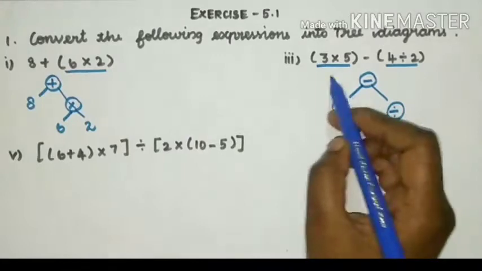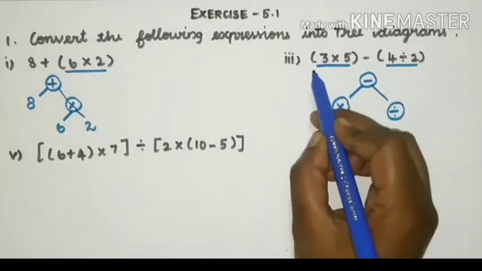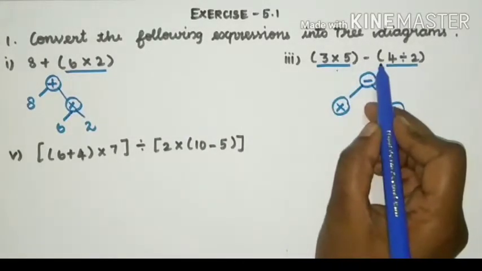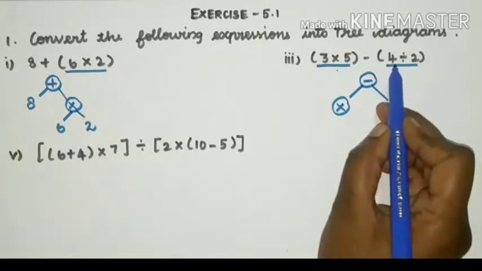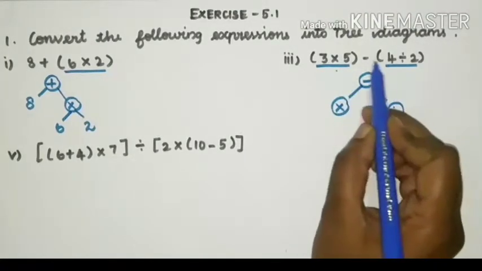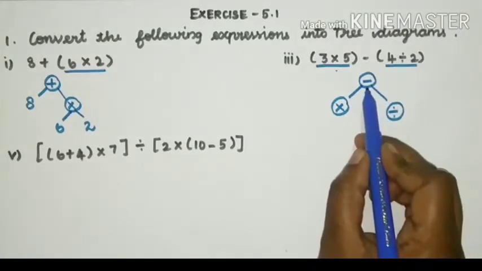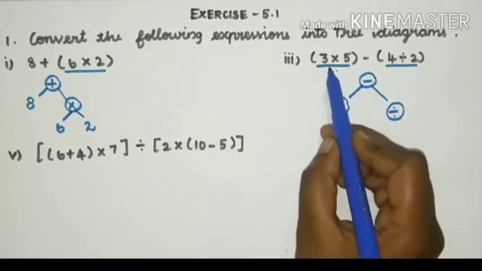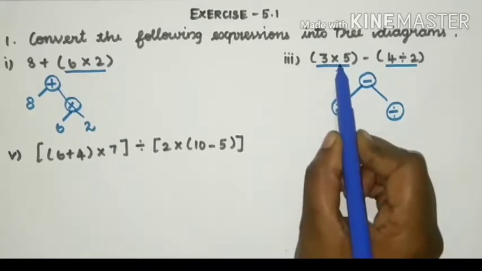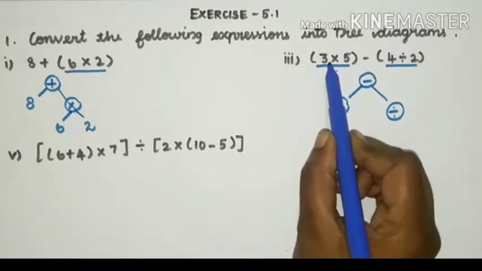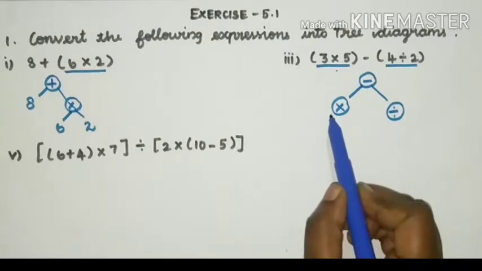Students, it's clear, no? This bracket is considered as one term and this bracket is considered as the second term. Here the two terms are connected with the operation subtraction. So first you have to write the subtraction symbol here. And then the first term is connected with one operation, that is multiplication. So you have to write multiplication here.